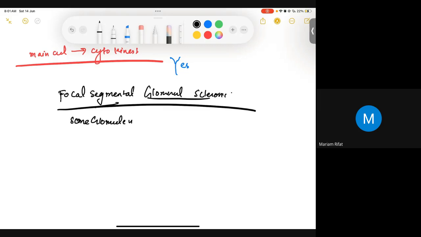So focal segmental glomerulosclerosis. Some of the glomeruli are going to be sclerosed, and not only some, but specific parts of glomeruli are going to be sclerosed. So can anyone just tell me what you mean by focal segmental glomerulosclerosis? Can anyone just tell me again?